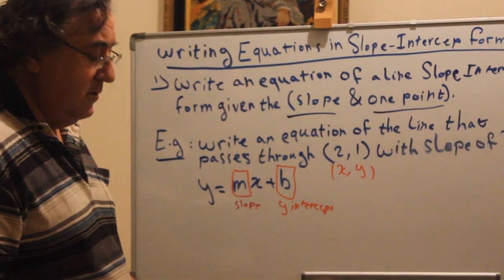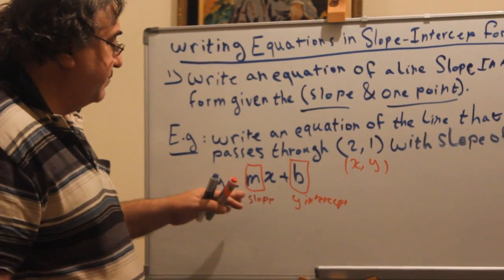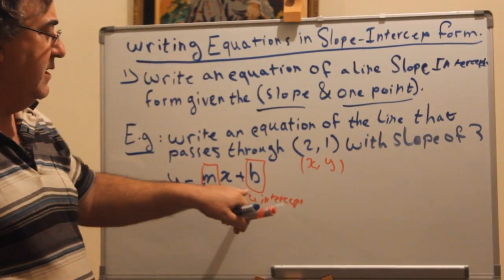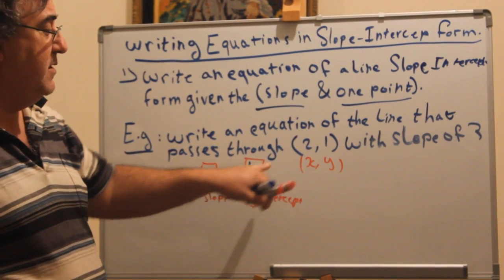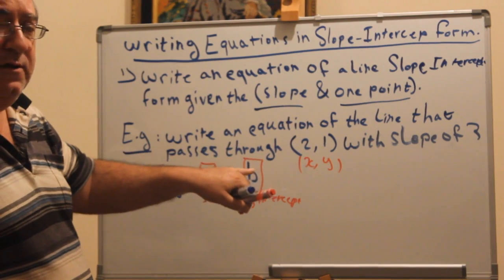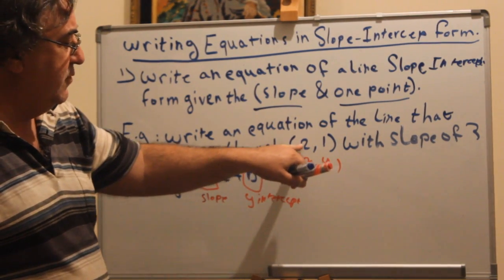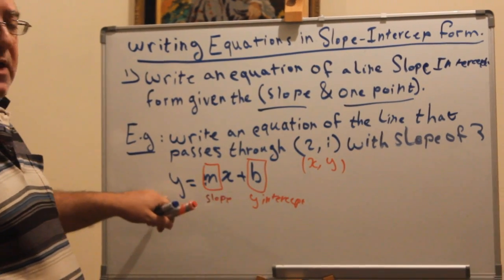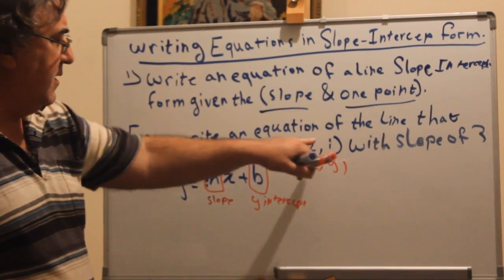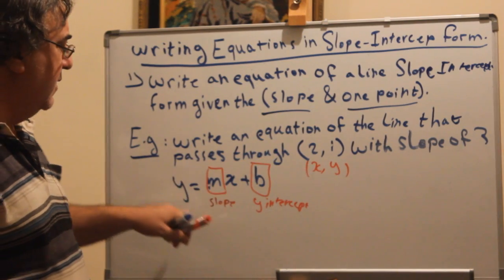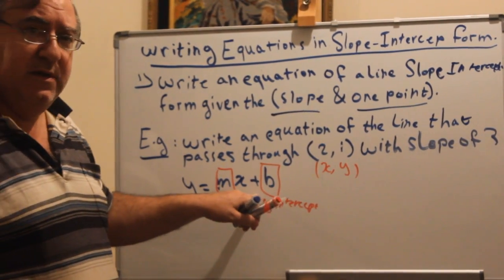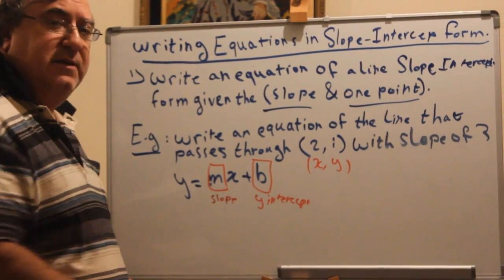Suppose they gave you the slope, but they didn't give you the y-intercept, but they gave you a point. In this way, we can use 2 as x and 1 as y, substitute y with 1, x with 2, and m we have as 3, then we can get b. So we'll do it now on the next step.